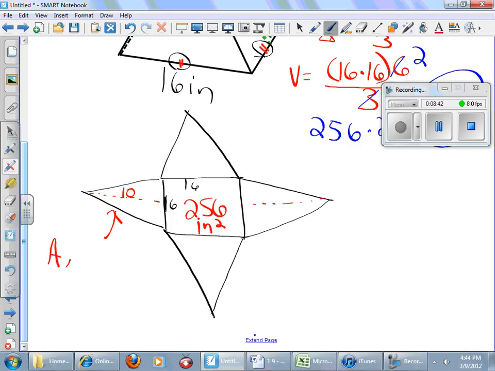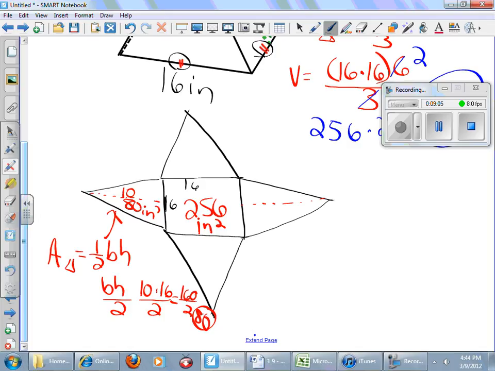Remember, the area of a triangle is 1/2 the base times the height, or as Mr. Lawrence does it, base times height divided by 2. Either way. So I'm going to do 10 times 16 divided by 2, get 160 divided by 2, and that is going to be 80. Yeah, it's going to be 80, sorry. So this is 80 inches squared on each of the four triangles.